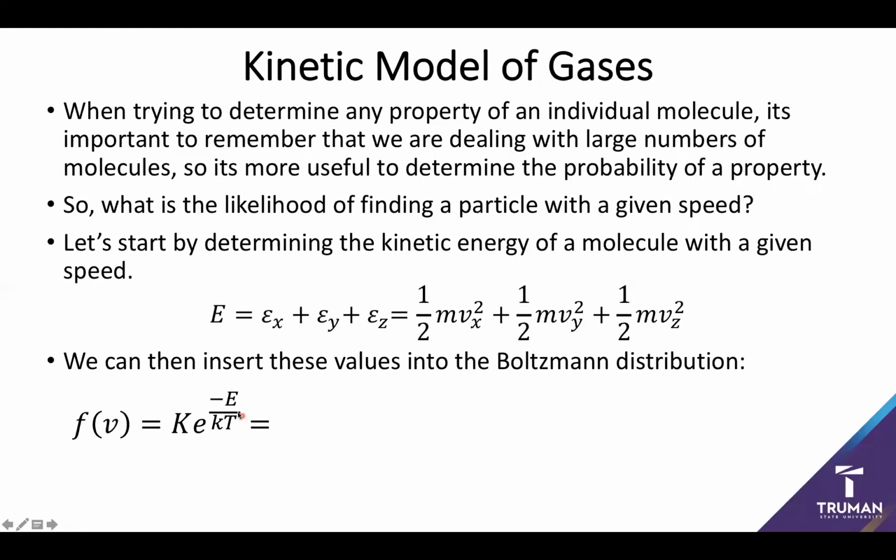So if I know the energy of a molecule with velocity v, I can figure out its probability. We only have to know three other things. The first of which is the Boltzmann constant. This is more or less the same thing as the ideal gas constant, but scaled down to a molecular level. The Boltzmann constant can be given as the ideal gas constant divided by Avogadro's number.